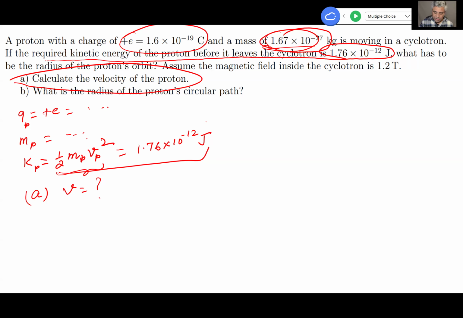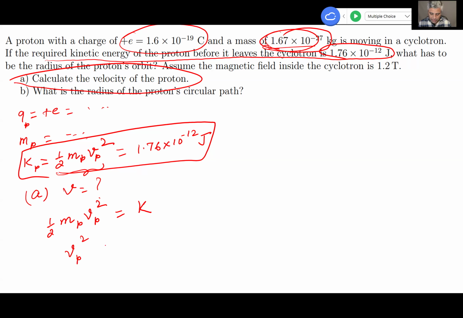So using this, half mass times the velocity of the proton squared is the kinetic energy. So that means the velocity of the proton squared is 2 times the kinetic energy.